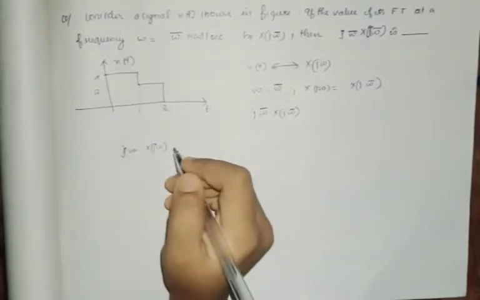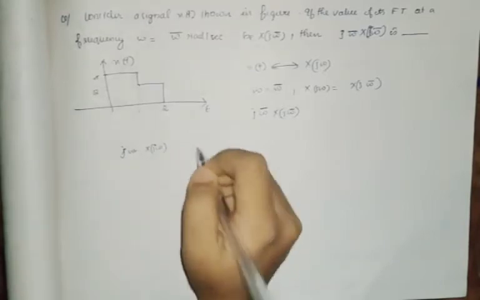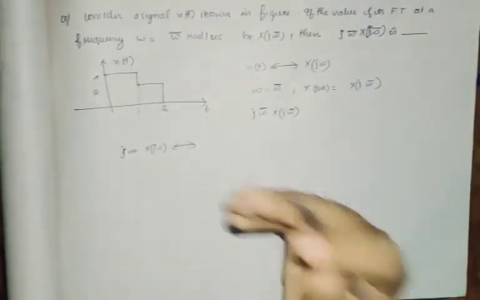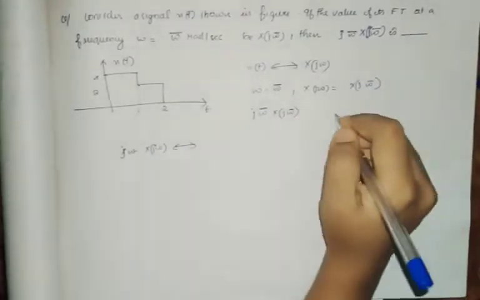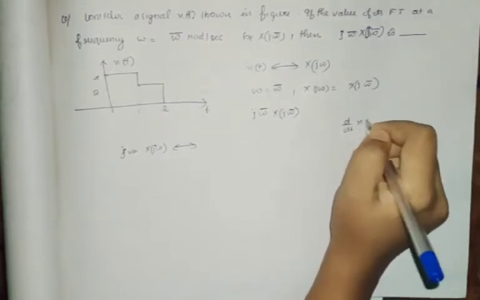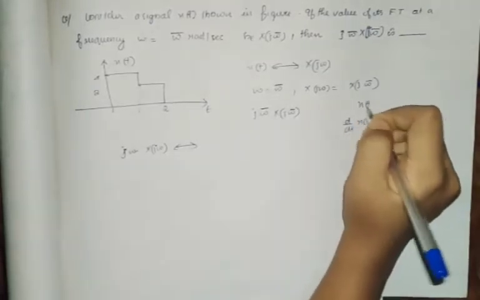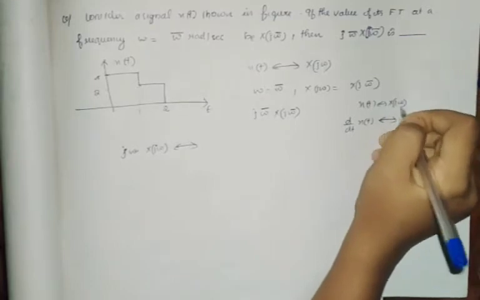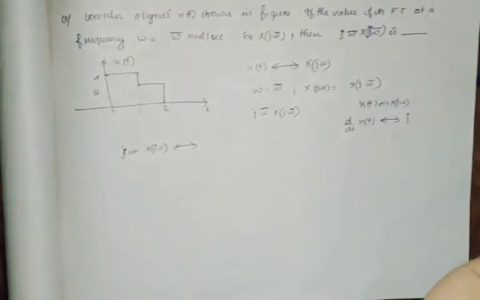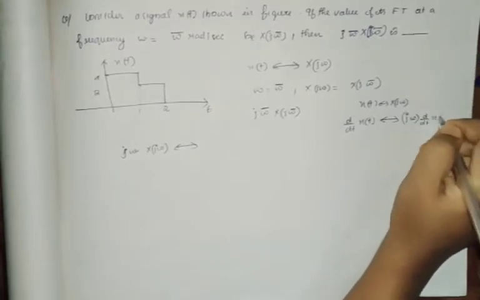So when does this kind of output come in the Fourier transform? We have to use a property of the Fourier transform. One property is that if x of t has a Fourier transform of x of j omega, then the Fourier transform of d by dt of x of t will be j omega into x of j omega.